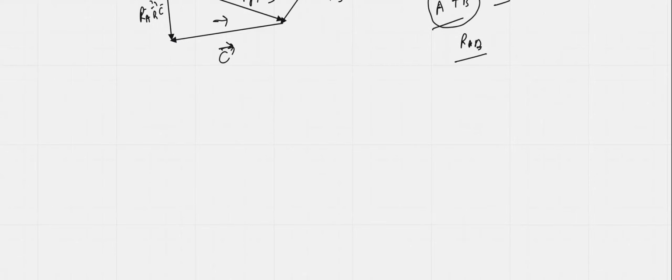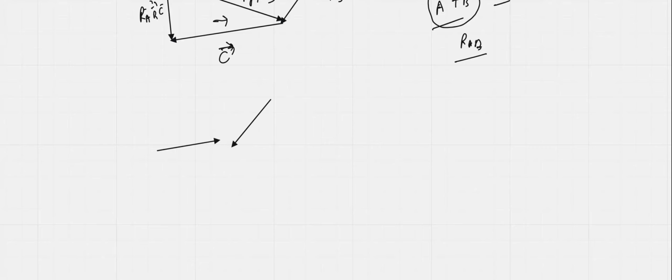Again, if I go with a new example, let's say four vectors are there. One is this way, another is this way, something like that.